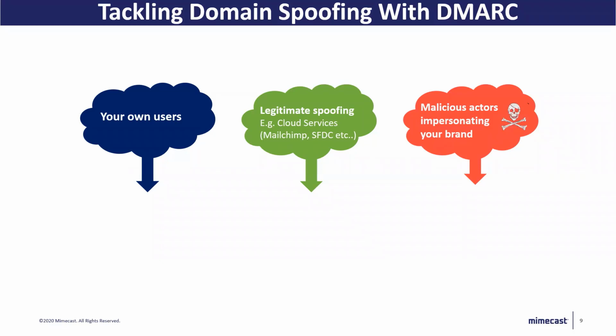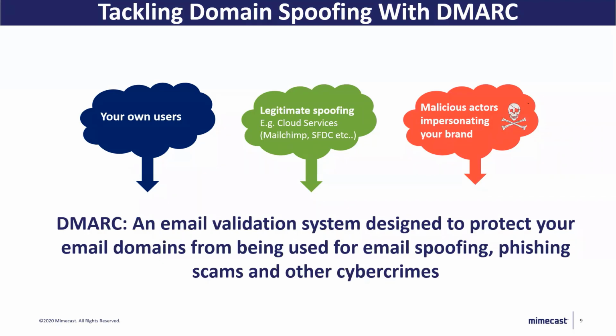But that's the system for validating that an email has come from a legitimate source. It helps you protect your domains from being used by malicious actors that are impersonating your brand by sending an email that looks like it's come from your organization. And importantly, it helps you ensure that legitimate email is not being blocked as well. So it comes back to, we're not trying to cripple the environment.